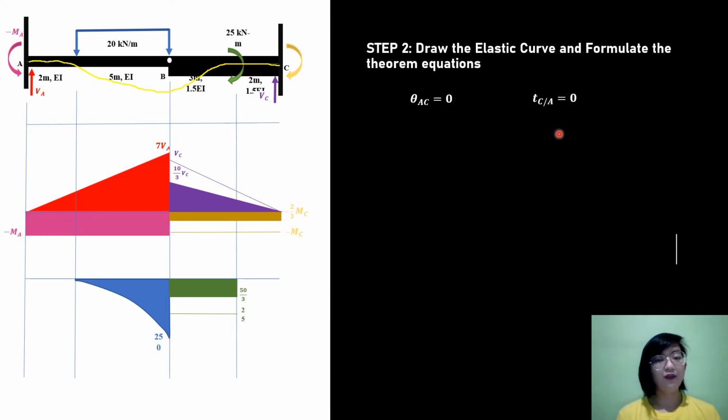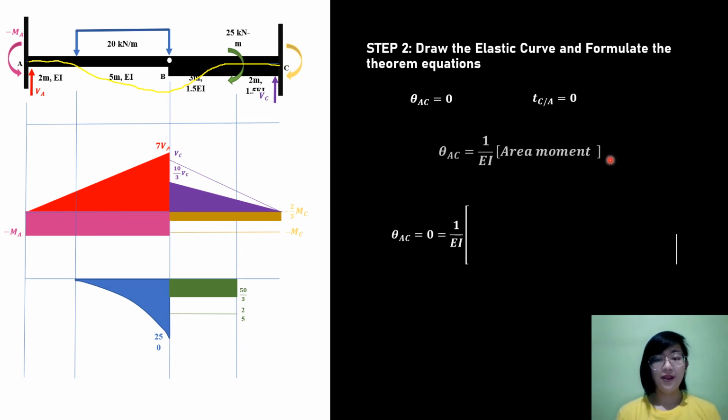So, we already have 2 equations. And we have 4 unknowns, the MC, VA, BC, and MC. So, meron na tayo dito. After natin isolve to, we can get the 2 equations sa equilibrium naman. So, let's start. So, this one.